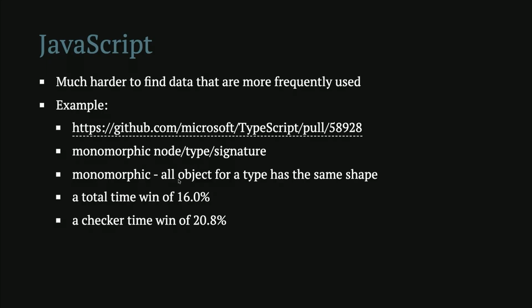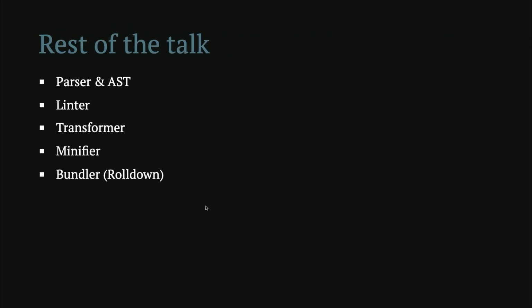What it means is in JavaScript, if you make all objects for a type with the same shape, so no dynamic access, then the runtime engine will optimize for memory usage, and they made a total performance improvement of 6%. But this PR has been going for a year, and it hasn't been merged because making sure everything is correct is really hard.